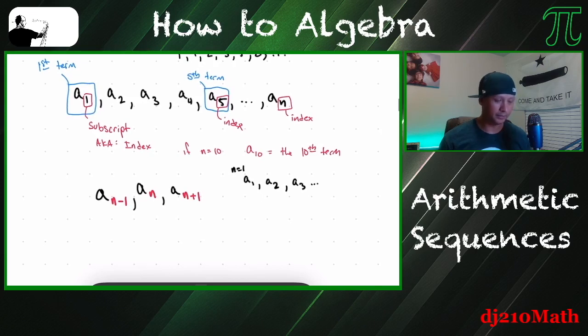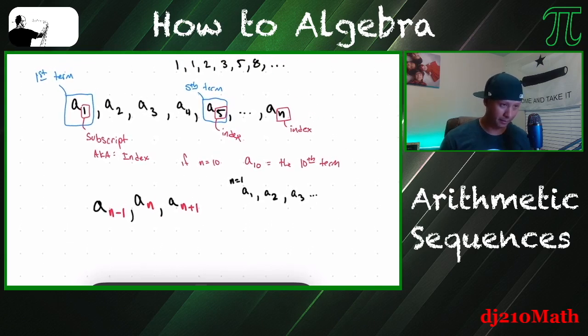So these three in particular are what you're going to see the most of. You're going to be utilizing these three terms specifically. So what I'm saying is, when you see the notation, understand what you're looking at. So a sub n is just a term.